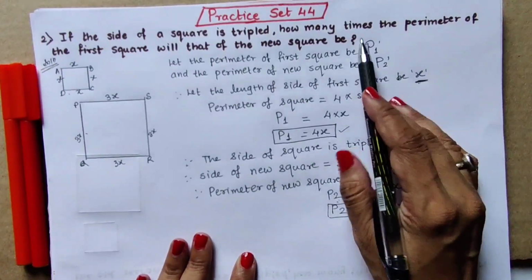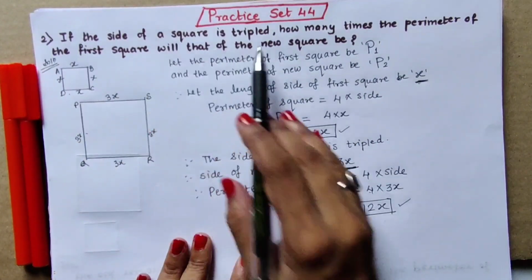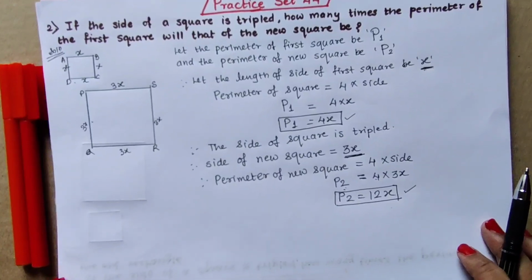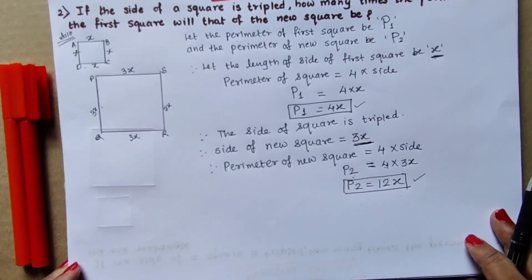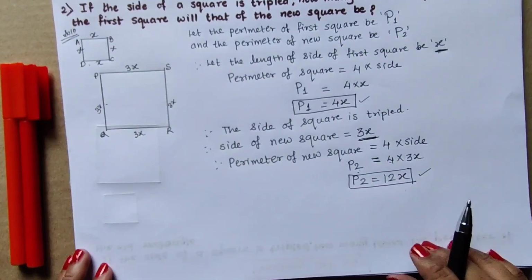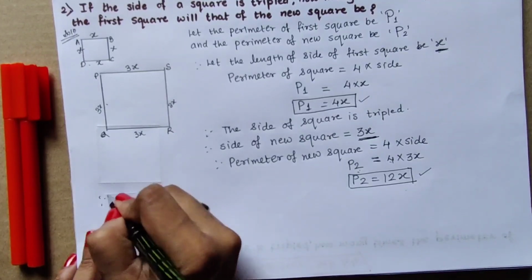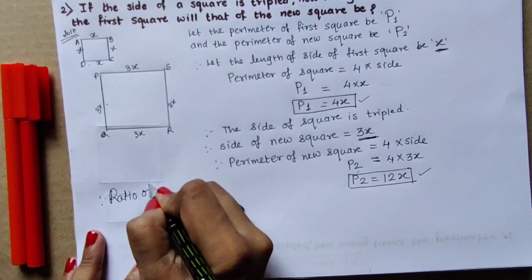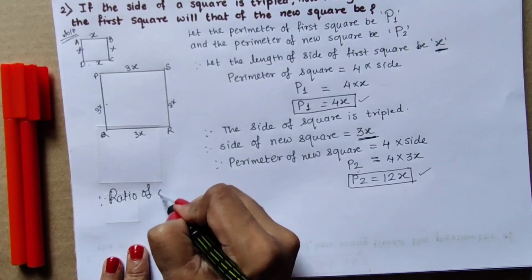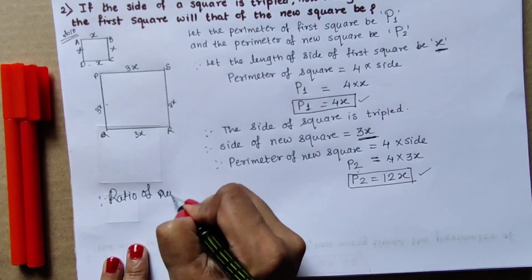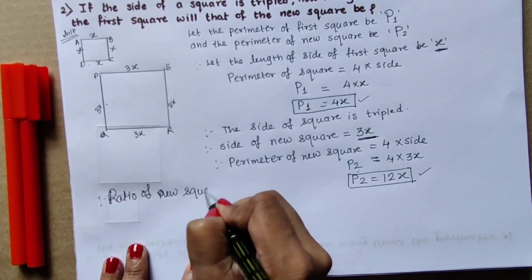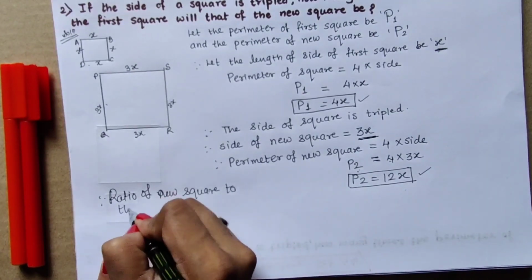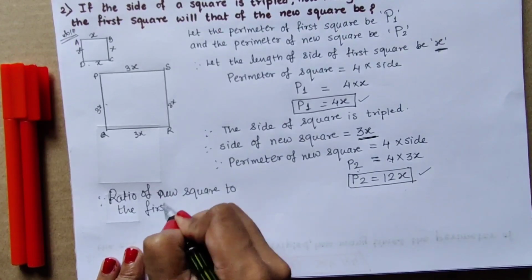Now we have to find out how many times the perimeter of first square to that of new square. So again, to finding out how many times, what we have to do, we will be finding out the ratio. So let us write the ratio. Ratio of new square to the first square.